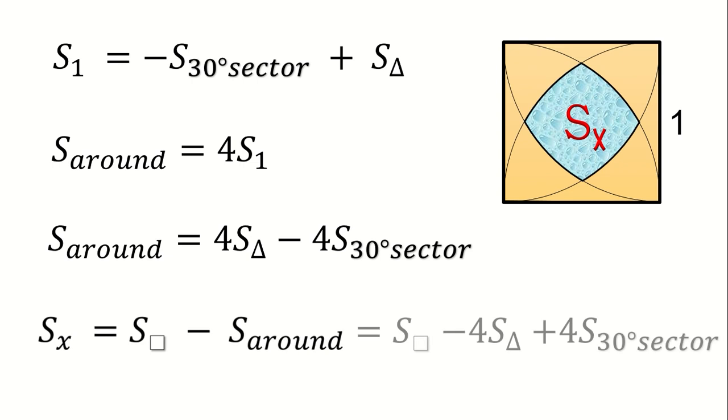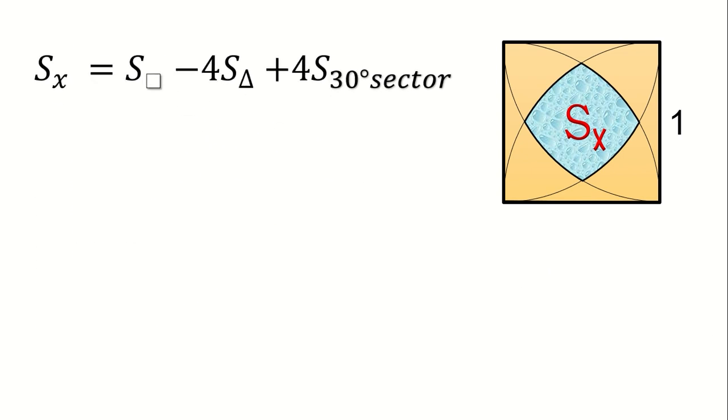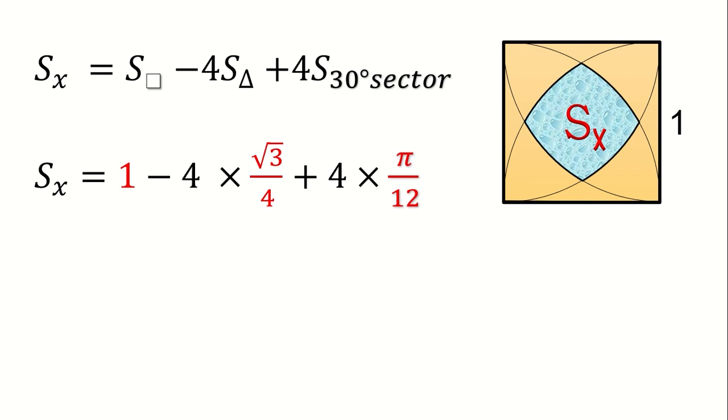By getting Sx, we reach S square minus 4 times S triangle plus 4 times S 30 degrees sector of the circle. So we can write the Sx as here. And then we replace all the parameters. So Sx is equal to 1 minus 4 times root of 3 divided by 4 plus 4 times pi divided by 12.